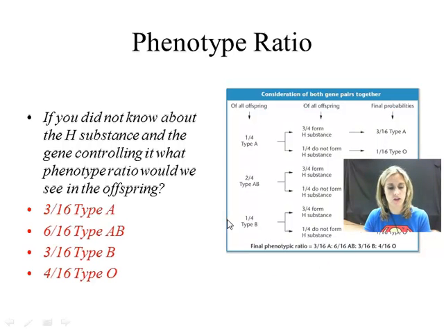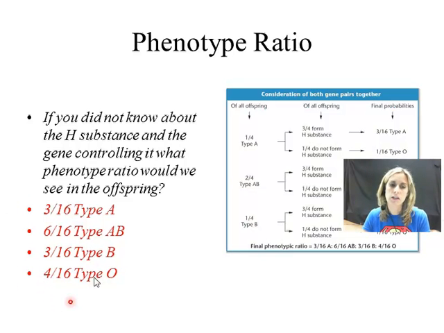So again, you're going to have the 3/16 type A, the 6 out of 16 type AB, and the 3 out of 16 type B. But all of these type O's would have looked exactly the same to you if you didn't know about the Bombay phenotype. So when you add them together, 1 plus 2 plus 1 is 4 out of 16 type O. This ratio, 3 to 6 to 3 to 4, is what you would have seen.